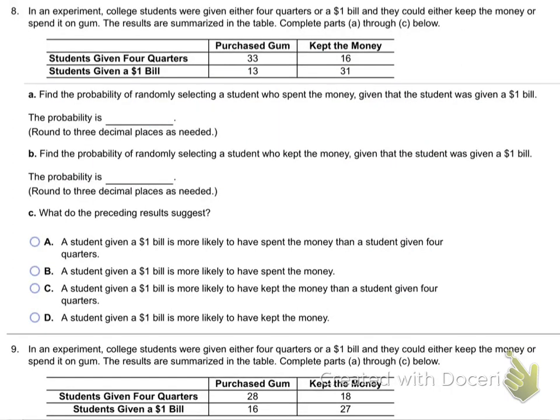The actual question is, find the probability spent. So what's the probability that they spent the money, given that they had the dollar bill instead of the quarters? Give it a try. Probability is always a fraction. What you're given limits the denominator, doesn't it?